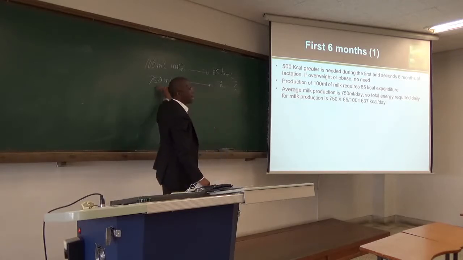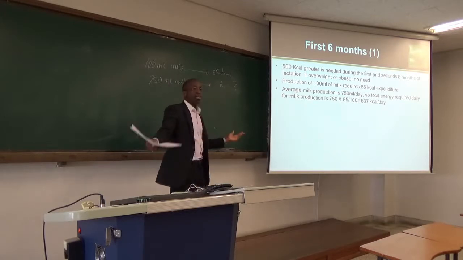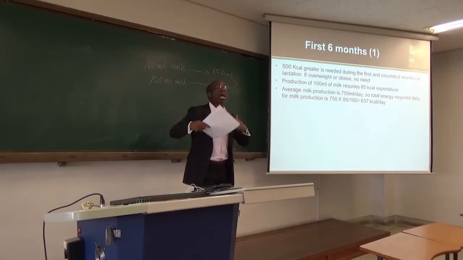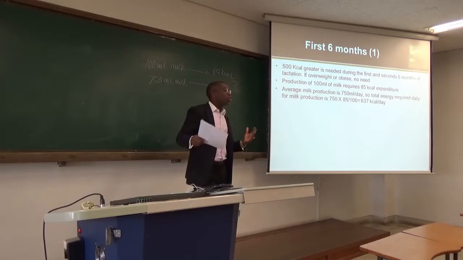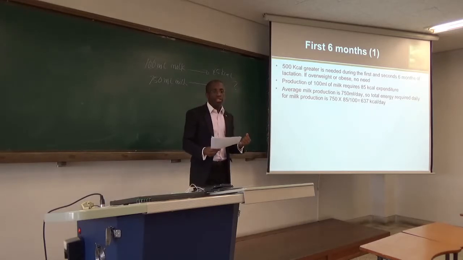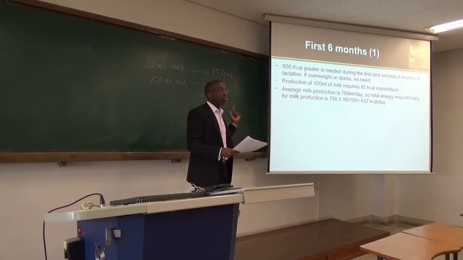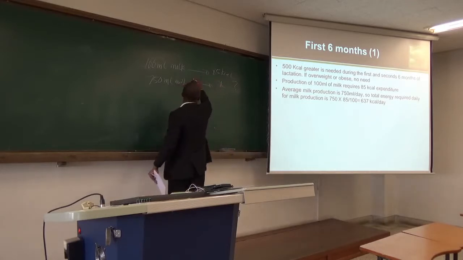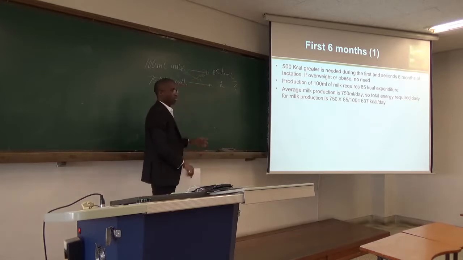Now, if I make 750 today, how much energy am I losing? How much energy do I need? When I say energy losing, I mean energy out. I need that energy to make 750 milliliters of milk. So we just do the simple mathematical rule. You studied this in high school, right?